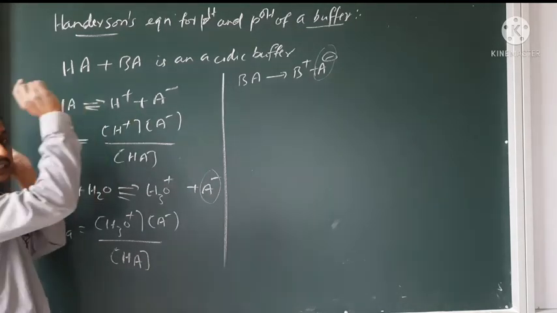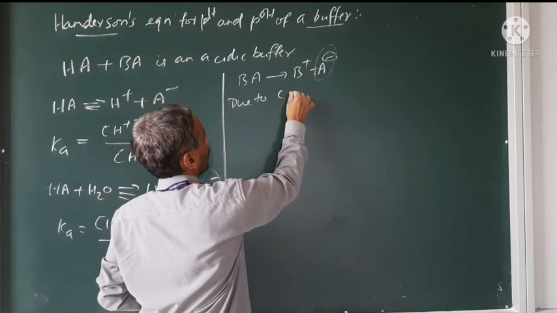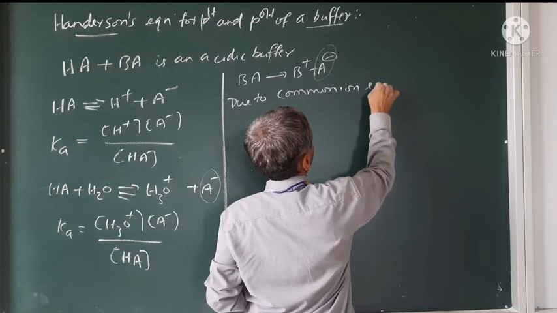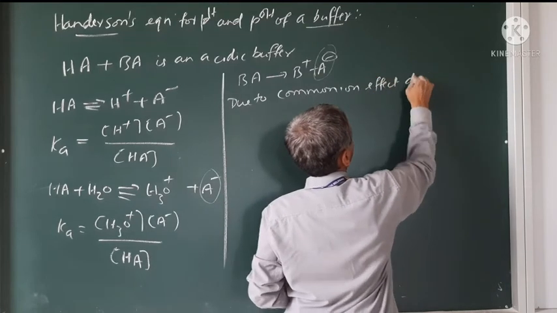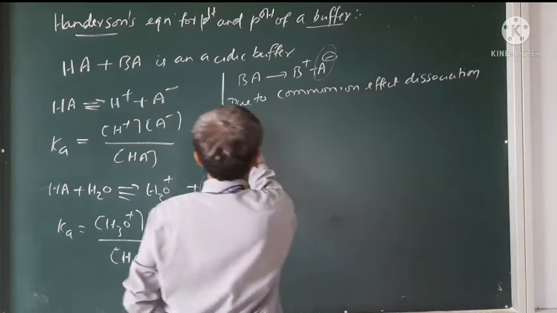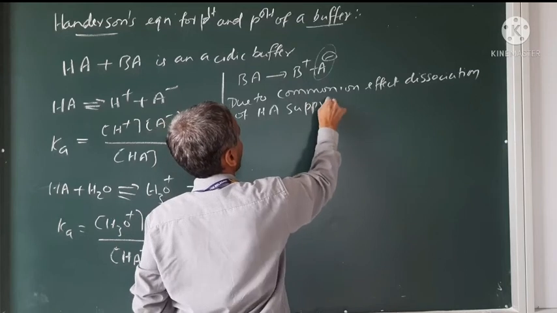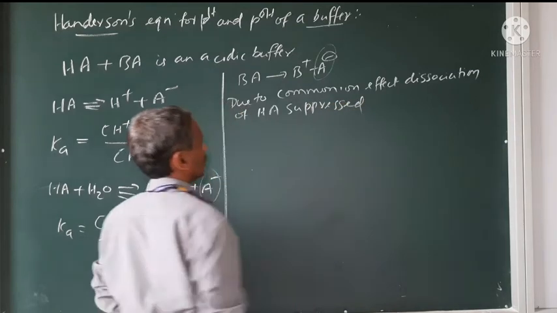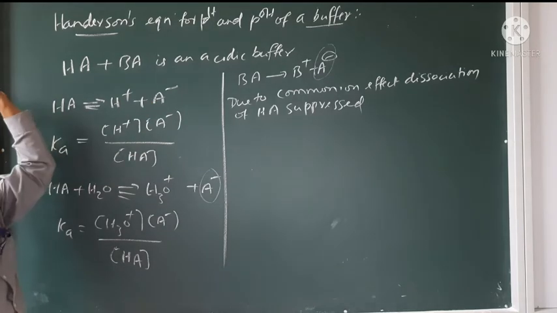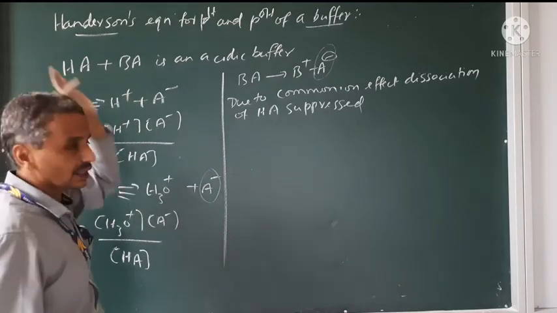HA dissociation gets suppressed. Take it. When the A minus is common, the reaction will be shifted backward, meaning to the left. So HA is suppressed.